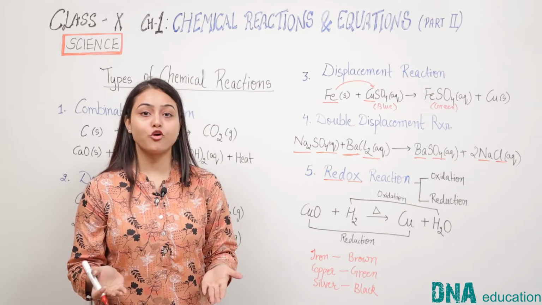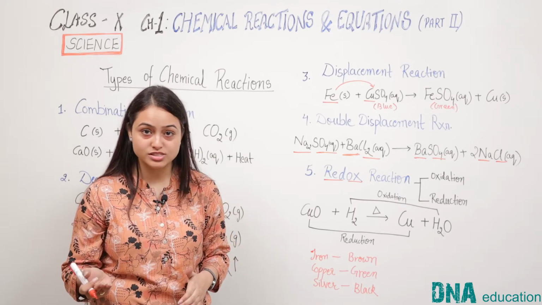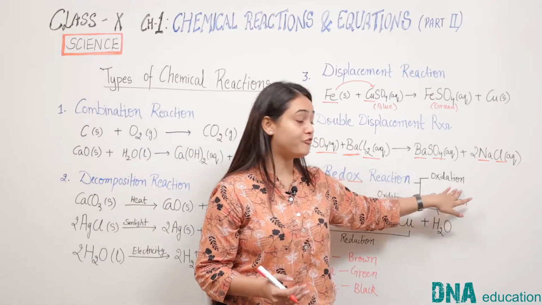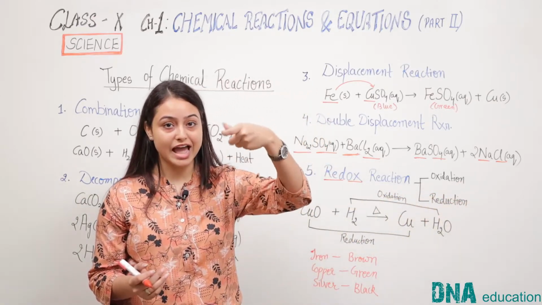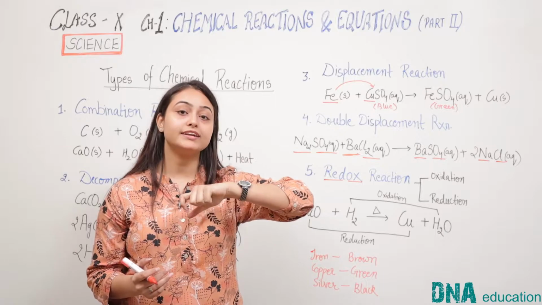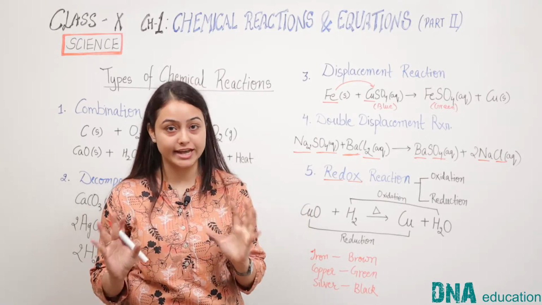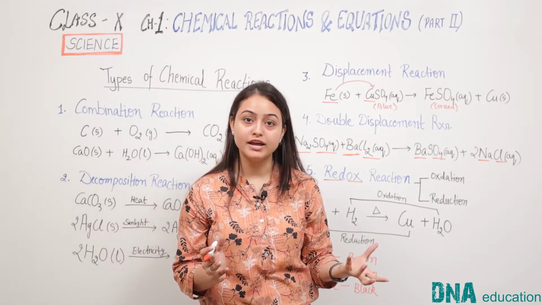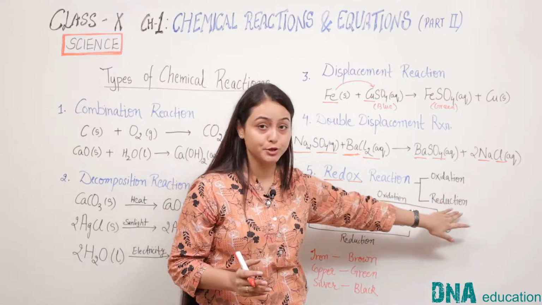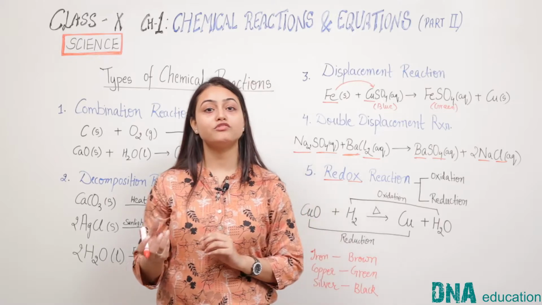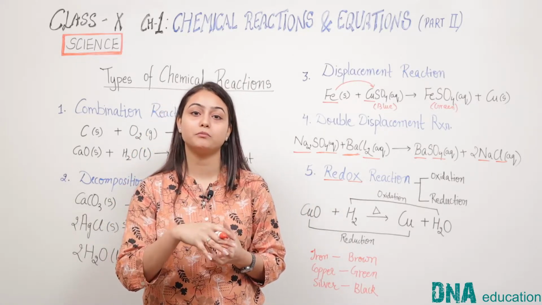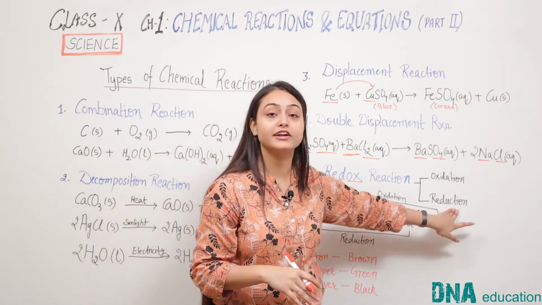Now before moving forward, we have to understand what is oxidation and what is reduction. In simple terms, whenever oxygen is added to a compound, it is said to have been oxidized. Similarly, if oxygen is removed from a compound, it is said to have been reduced. In terms of hydrogen, whenever hydrogen is added to a compound, it is said to be reduced.